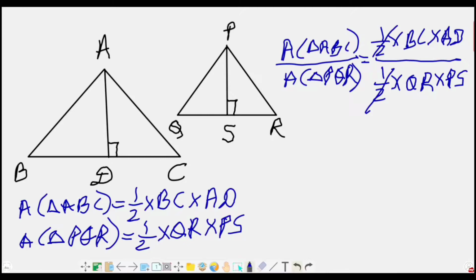When you cancel this out, what you observe is that the ratio of the areas will be equal to the ratio of the product of base and height.